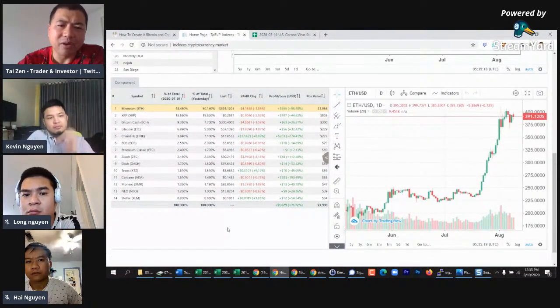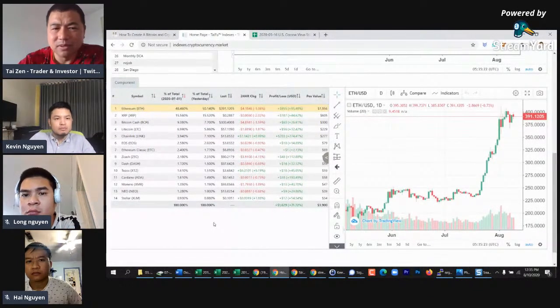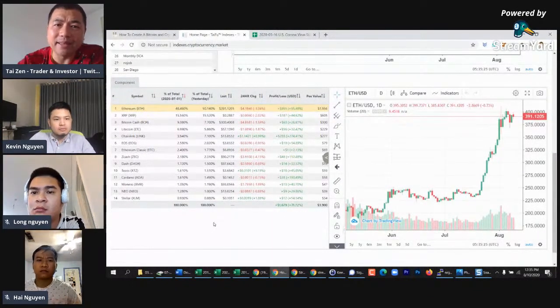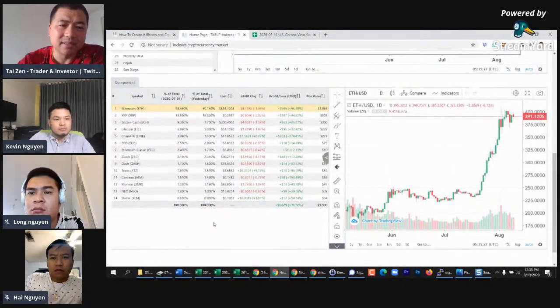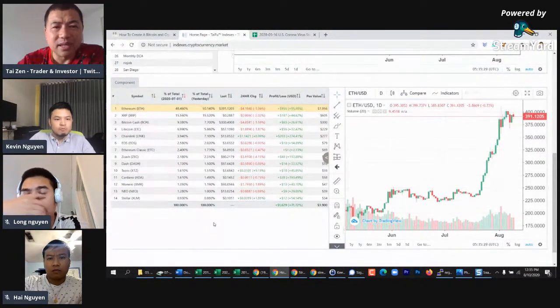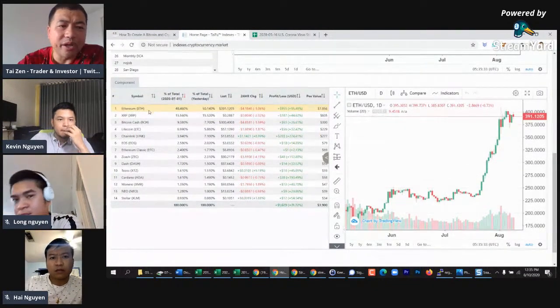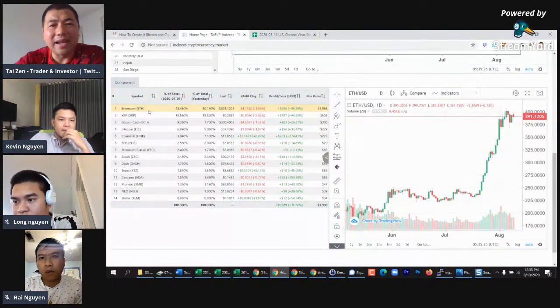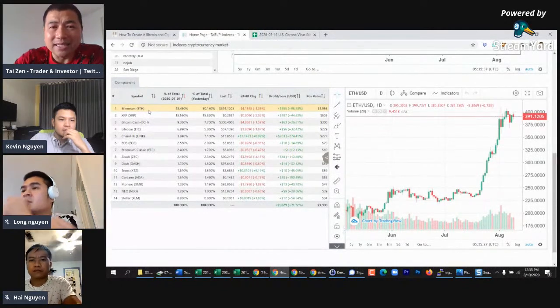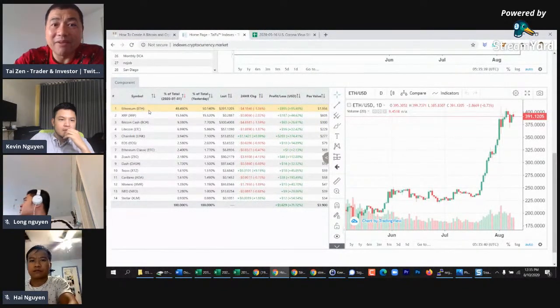buy or sell a crypto, then I want to avoid buying and selling as much as possible. And that way I don't have to pay the short-term capital gains tax, okay? In some countries, like for example in America, if I don't hold this coin for more than 12 months, then I have to pay the taxes if I rebalance it every quarter.